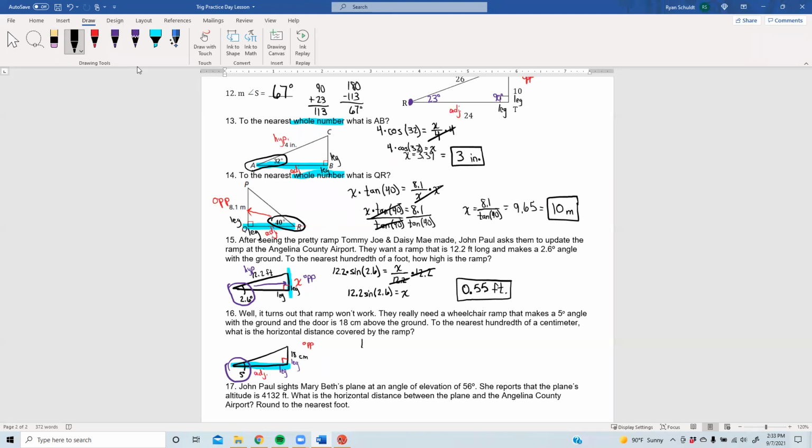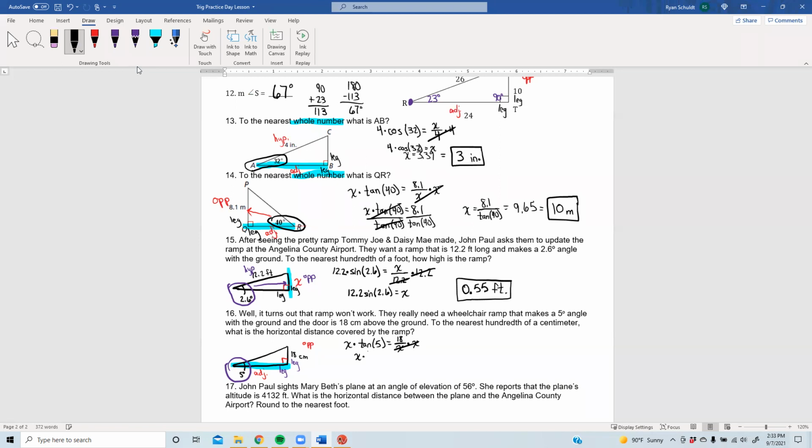So the tangent of 5 degrees equals the opposite over the adjacent. You want the adjacent, so multiply both sides by x. X is on the bottom.